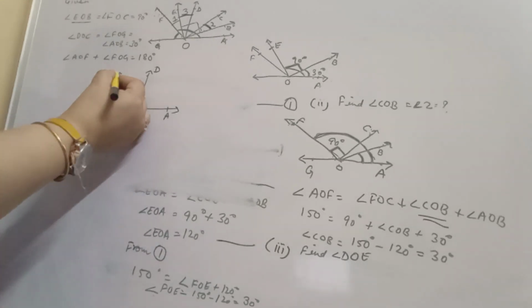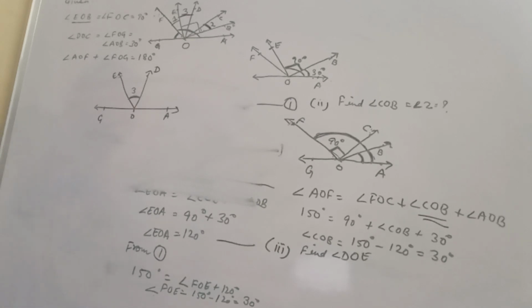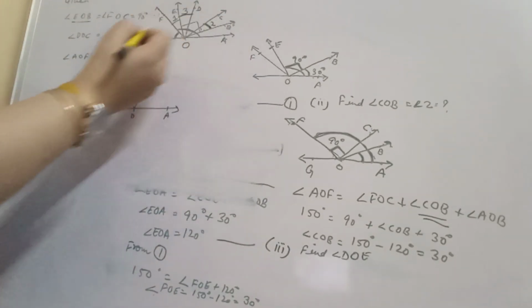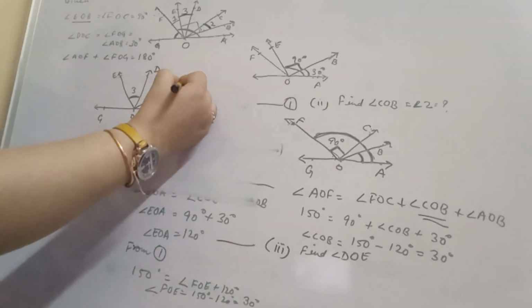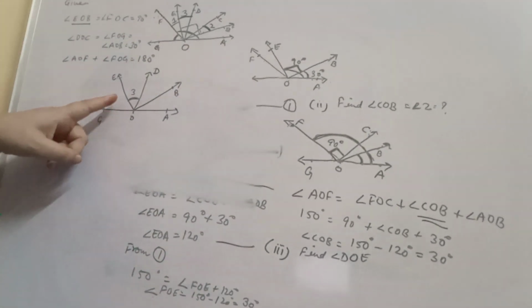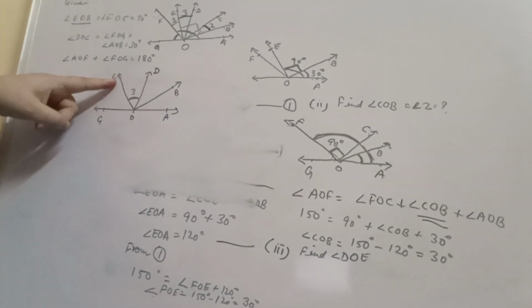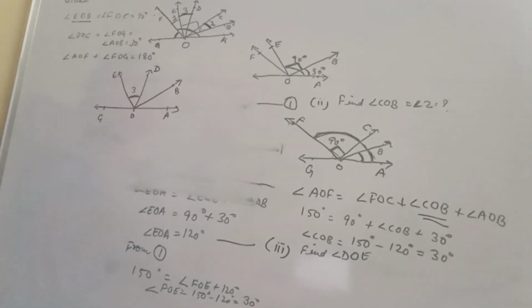Now starting with EO, I have EOB. EOB I know, so I will make EOB. EOB is 90 degree. Out of this EOB, I want to know EOD. What about DOB?